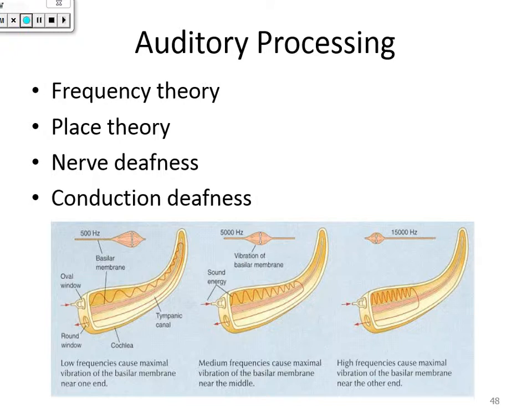With nerve deafness, we'll probably replace the cochlea. The conduction, we're going to give you artificial bone replacement. Nerve deafness, the cochlea is going to probably be replaced. They can replace the cochlea.